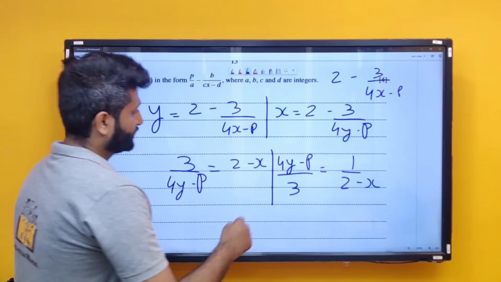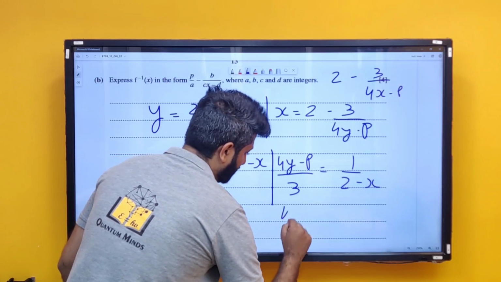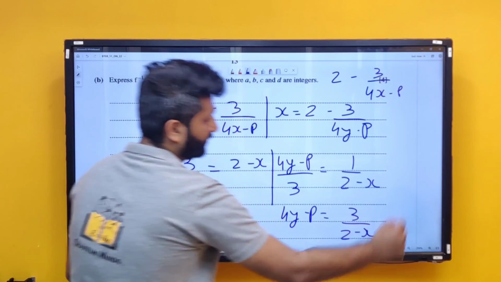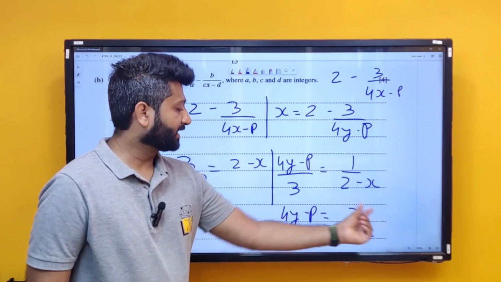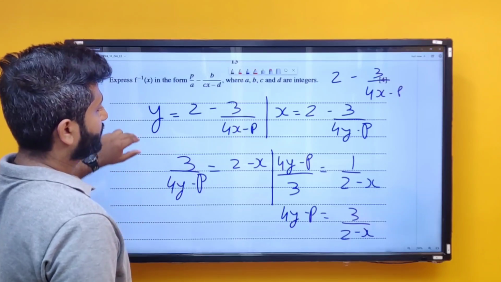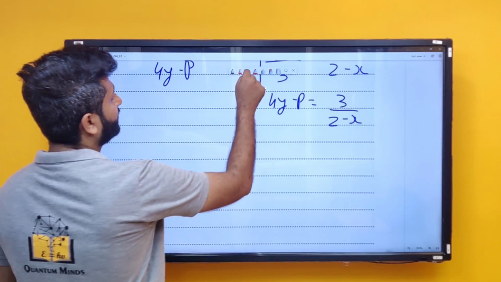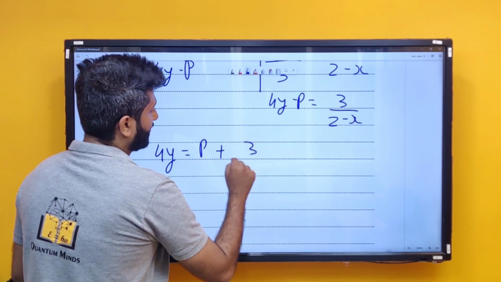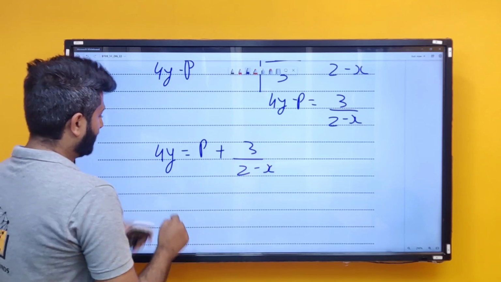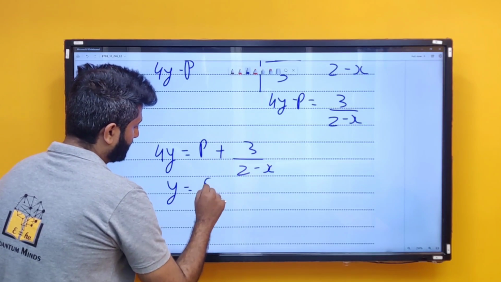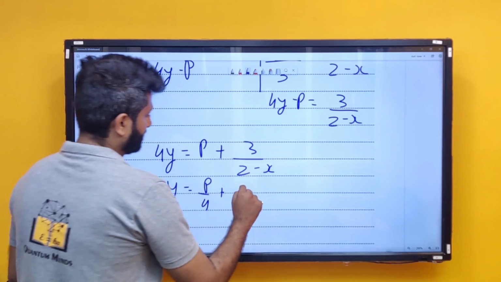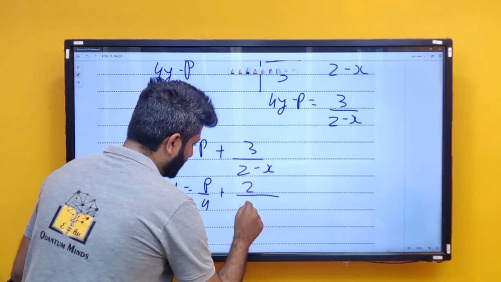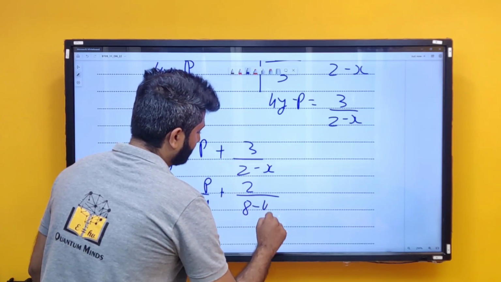Let me bring p to the right hand side and divide by 4. So 4y equals p plus 3 upon 2 minus x, and y equals p by 4 plus 3 upon, divided by 4, so 4 into 2, 8 minus 4x.